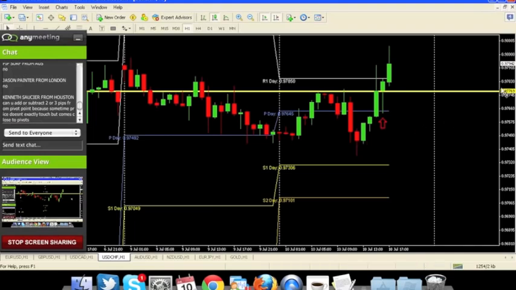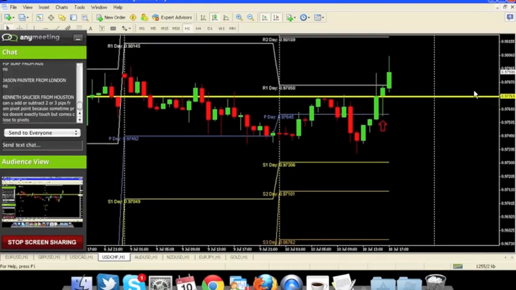US dollar Swiss franc. Okay. We have a different story here. Is this an exhaustion? Is this clear enough to tell you that the market's going to go short? Is this an exhaustion? Kenneth is saying, can you add or subtract 2 or 3 pips from the pivot lines because it's not exact? Of course you can. You can use a ballpark, and some of the pairs will eventually hit.